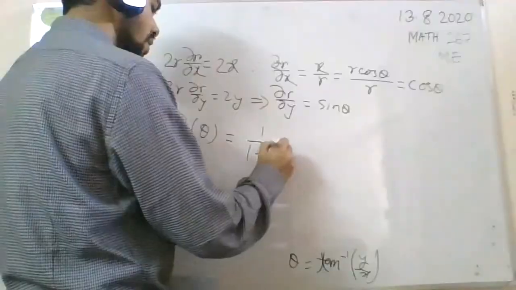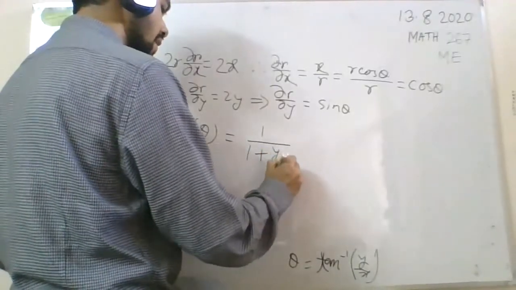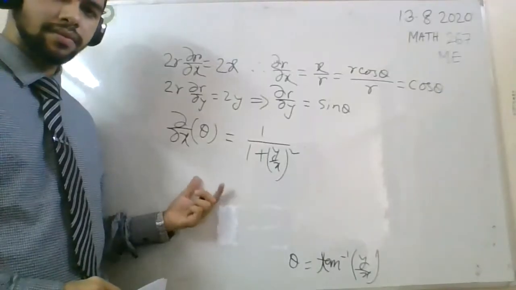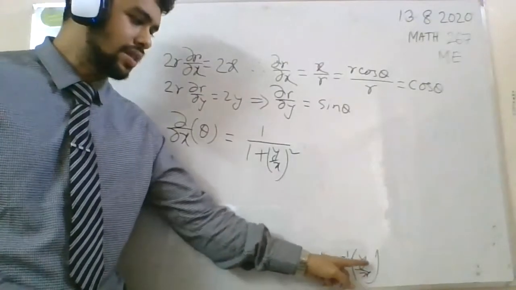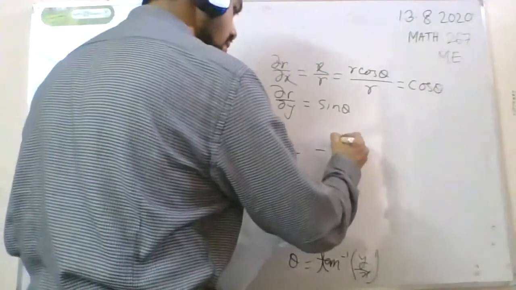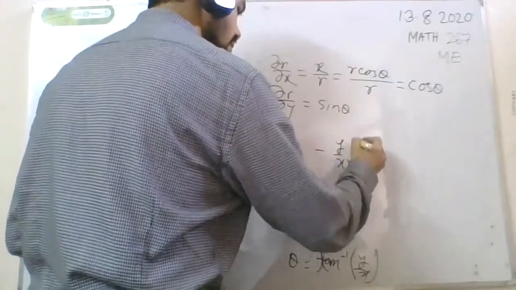Just this much. Then 1 by x has to be differentiated again, sorry, yes, you again have to differentiate y by x, which gives minus y by x square.